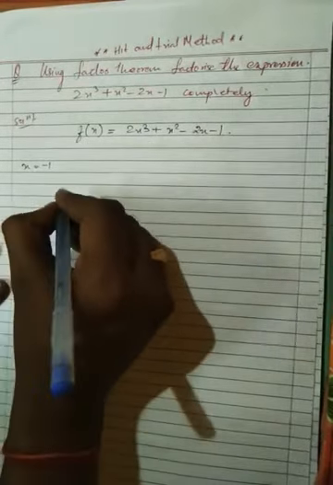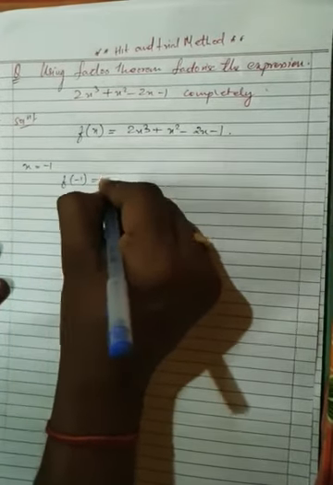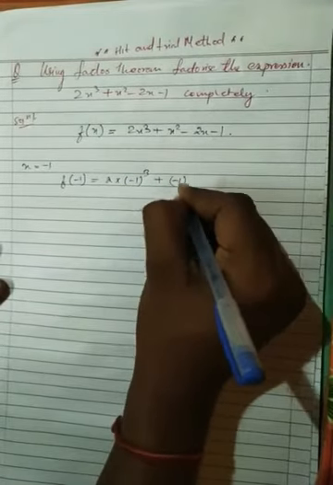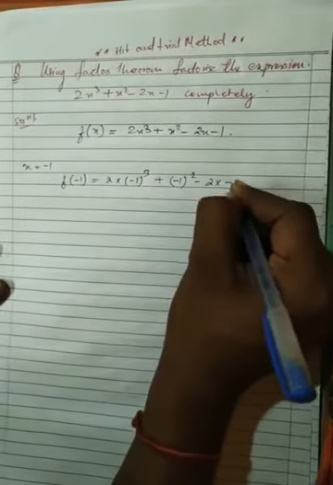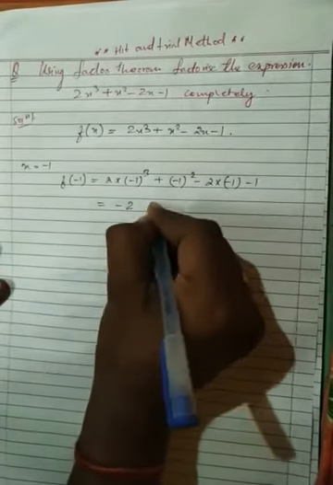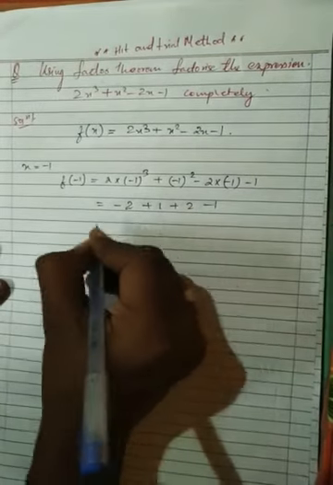If I take x value as -1 here, so f of -1 will be how much? f of -1 will be equal to 2 into -1 the whole cube plus -1 the whole square minus 2 into -1 minus 1. So you calculate this one, it will give -2 plus 1 plus 2 minus 1.